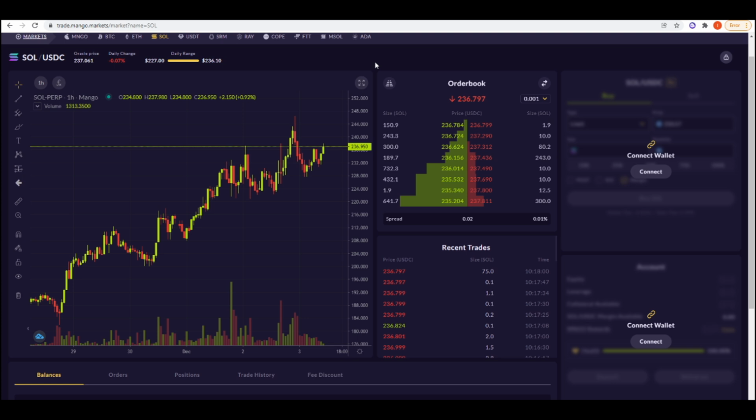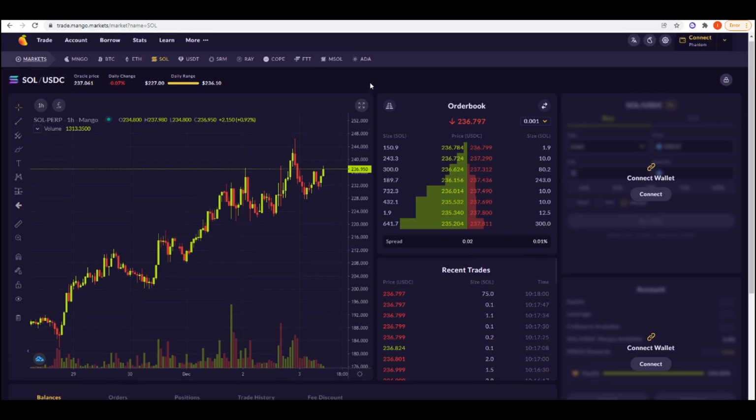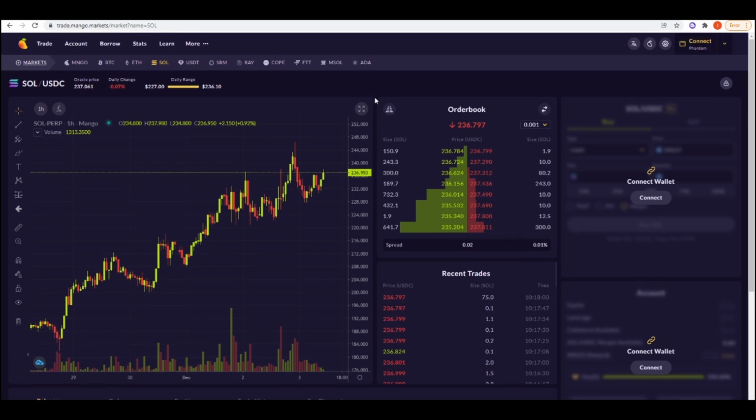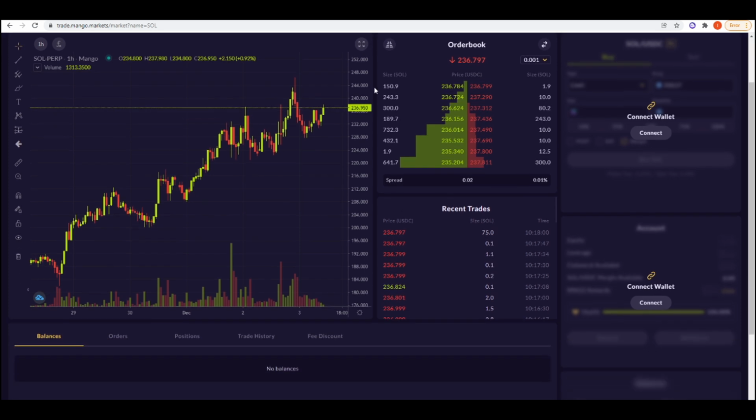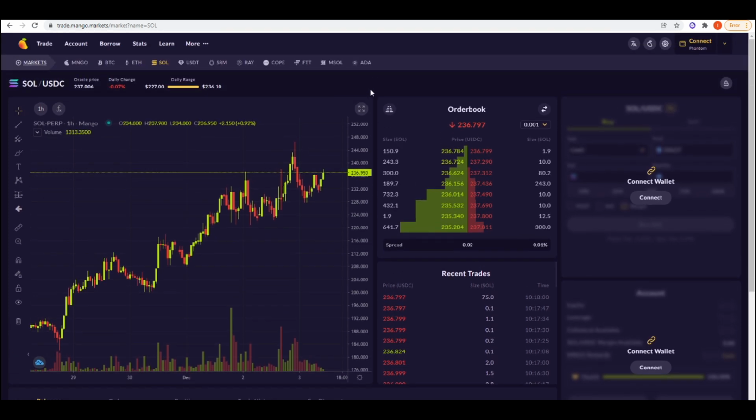FTX has basically made the perfect product for perpetual futures, and you can see that in the growth of their exchange. Everyone loves it. And I think all of the features that FTX have, all decentralized exchanges should sort of strive to replicate. So using anything as collateral is a great thing about Mango Markets.